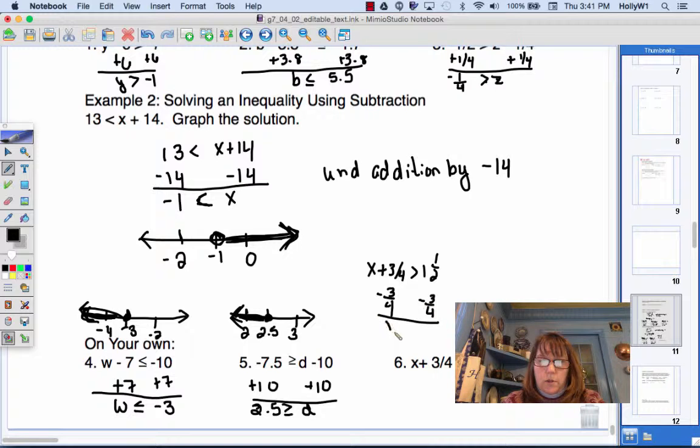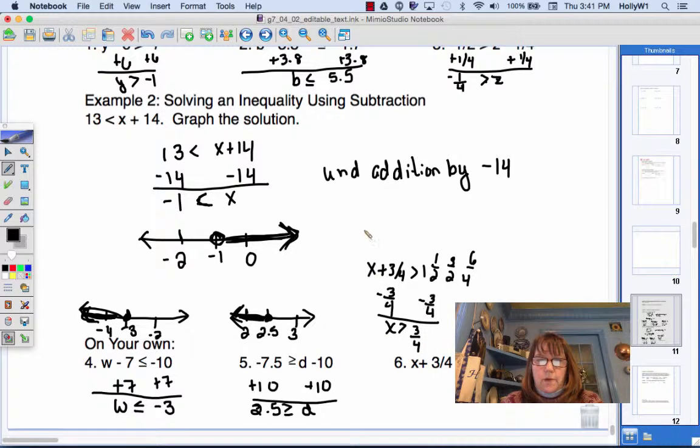I end up with x is greater than, let's see here, 1 1/2 is really, 1 times 2 is 2, plus 1, that's really 3/2. But we're in fourths, so we're going to convert that to fourths. So it's 6/4. So 6/4 minus 3/4, well, that is 3/4. So x is greater than 3/4.